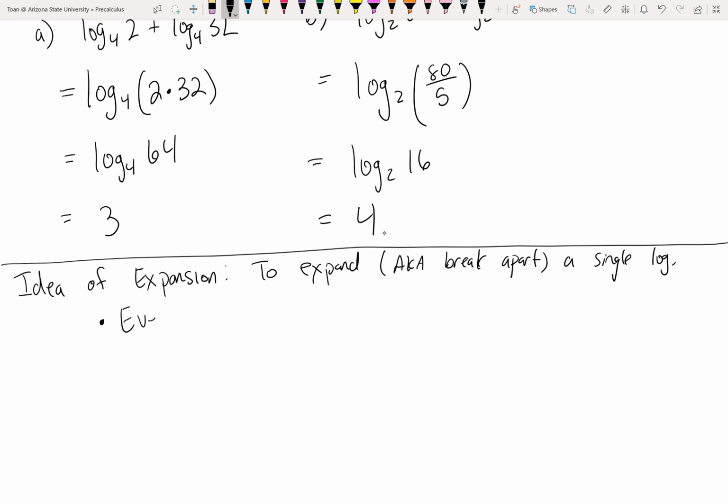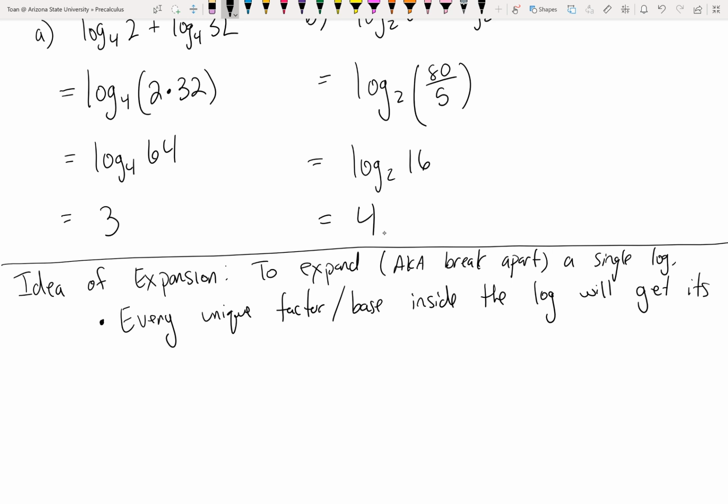the idea is that every unique factor or base inside the log will get its own log.